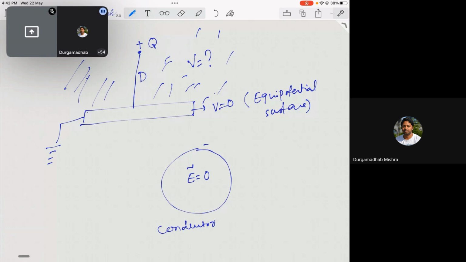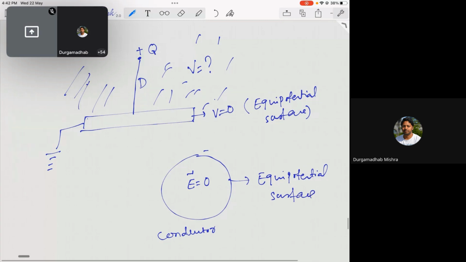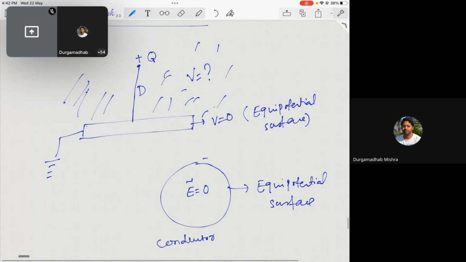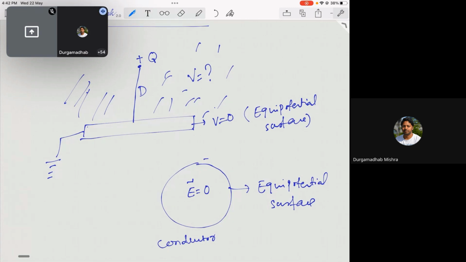It can be positive or negative charge, but this surface is also an equipotential surface. So we have a conductor which is a flat sheet now, and we want to find the potential due to this situation.